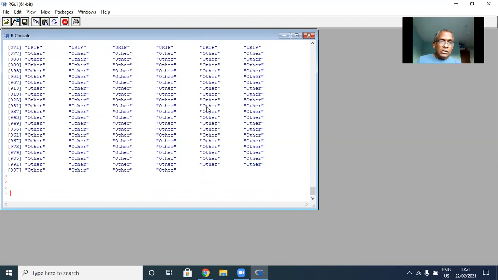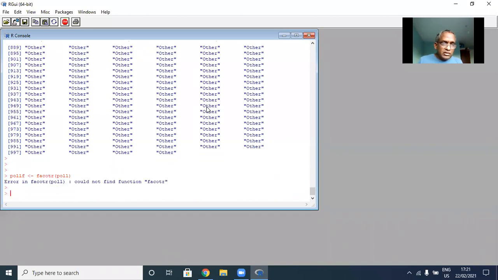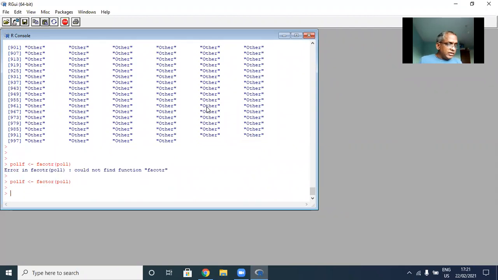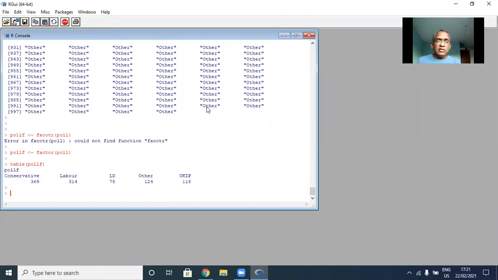Okay. Now I'm going to convert the data into a factor variable using this command, right? Sorry, I misspelled it. Factor, right? Now it's a factor. Now you should type table and the name of the factor. It will provide a summary of the data. You see there are 369 seats for Conservative, Labor 314, Liberal Democrats 75, and so on.